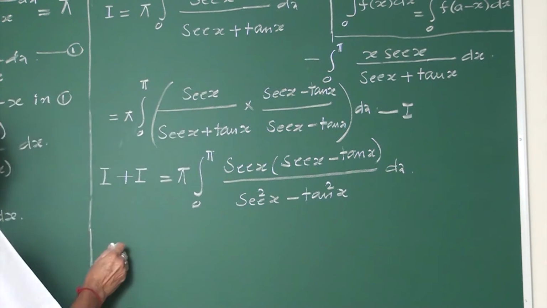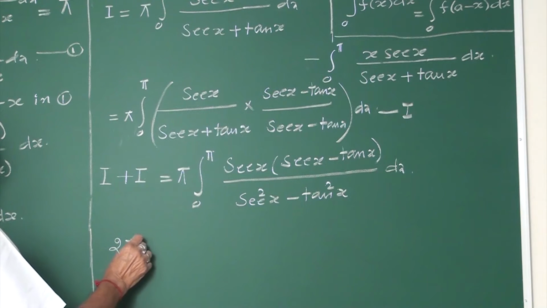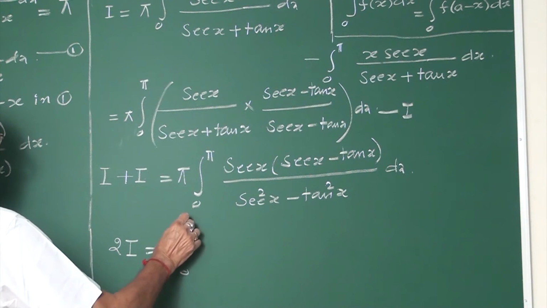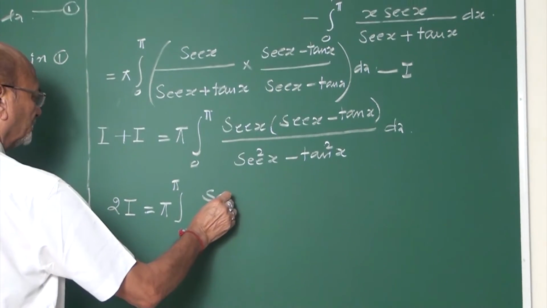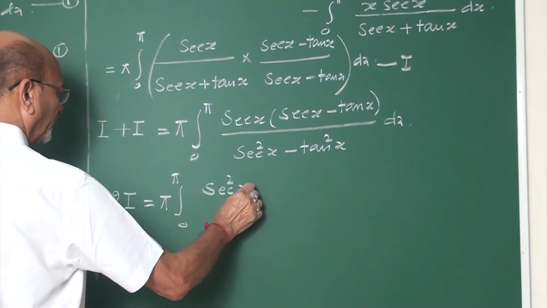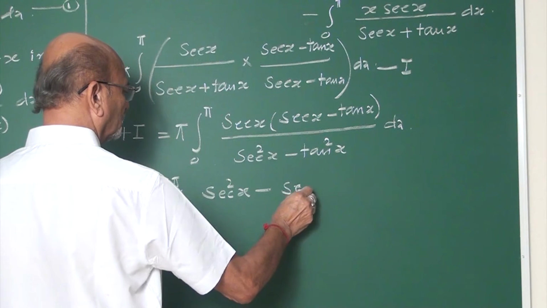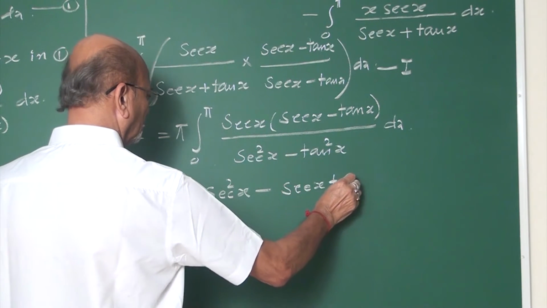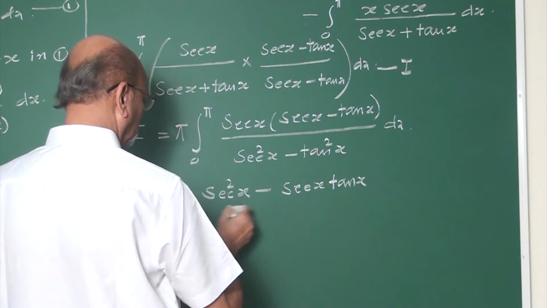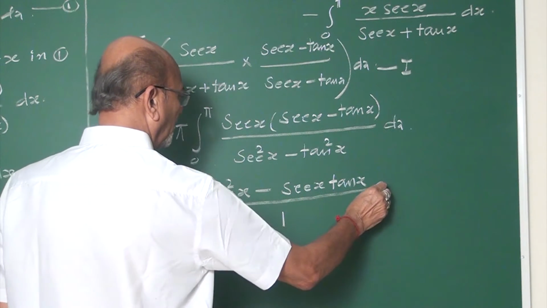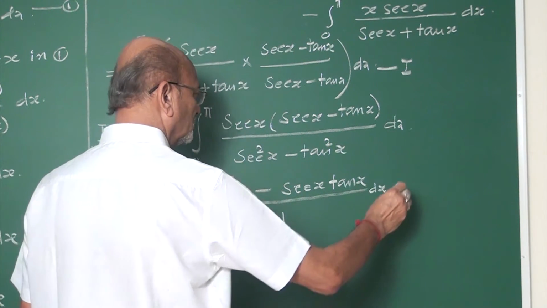So 2I equals pi times the integral 0 to pi, simplified. Sec into sec is sec square x minus sec x into tan x, and the denominator is 1.